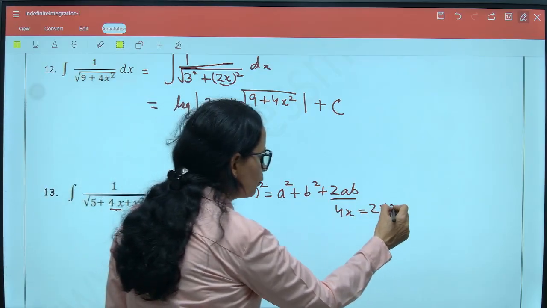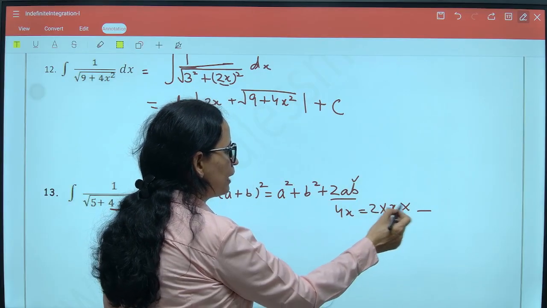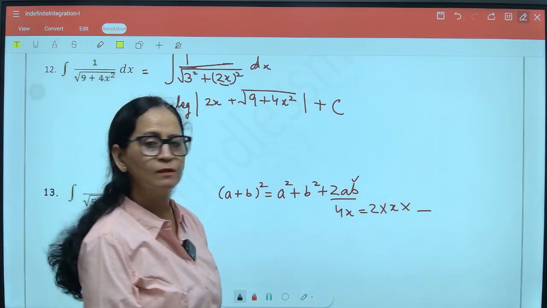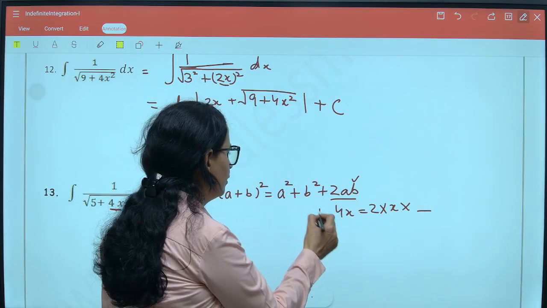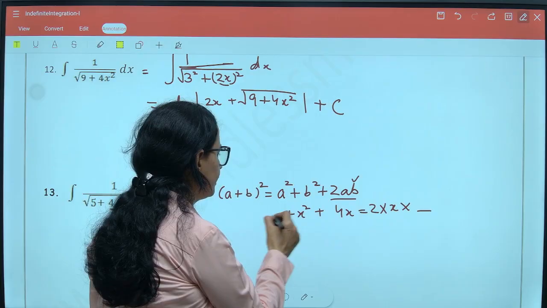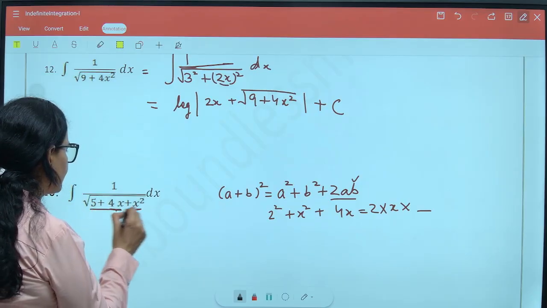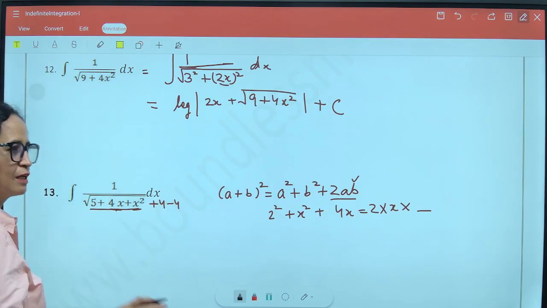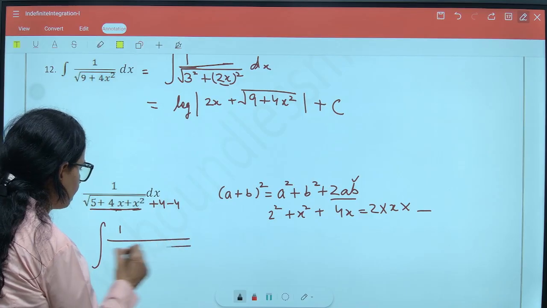You need to identify what b is here. 2 into x into dash makes it 4x. That means the value of b here is 2. So apart from x square, I need 2 square, that is 4 also. So to this entire expression you are going to add 4 and subtract 4, something like balancing again. It is not going to impact anything if you add and subtract 4 here.